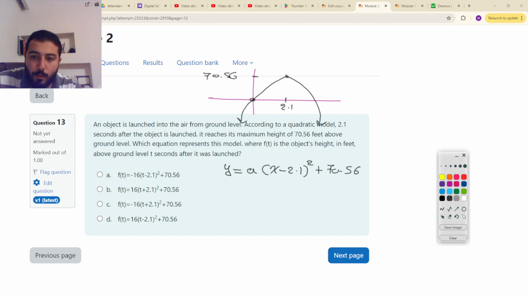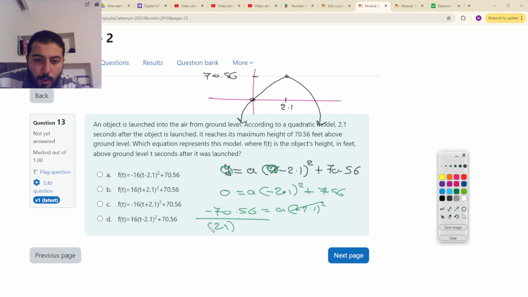So now we can plug in this point, x equal to 0 and y equal to 0. So 0 is equal to a times negative 2.1 to the power 2 plus 70.56. Now we can move this one over with the negative sign: negative 70.56 is equal to a times negative 2.1 to the power 2. The power 2 will remove the negative. Then we divide by 2.1 to the power 2 on both sides to get the value of a.